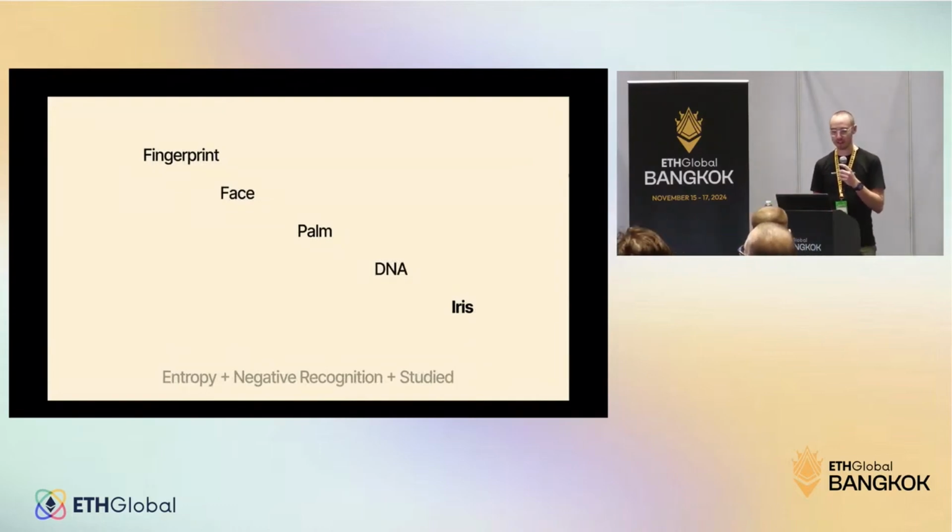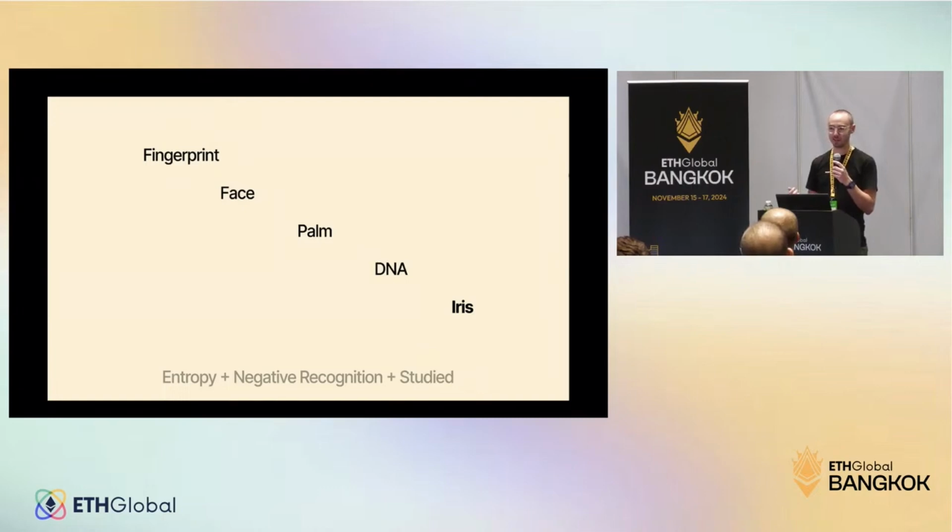We looked at fingerprints, palm scans, face scans, right? Things that you might be more familiar with for Touch ID or Face ID on your phones. But those actually don't have enough entropy to determine uniqueness at the scale of all of humanity, right? Face ID on my phone can distinguish about 1 in a few million people, which is totally fine for unlocking my phone. I like those odds a lot.